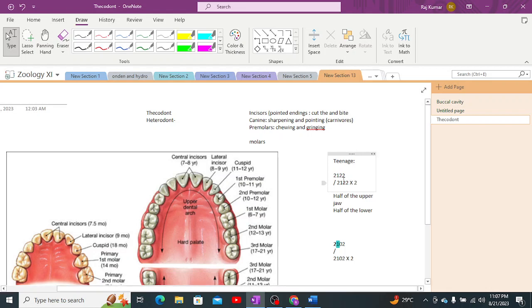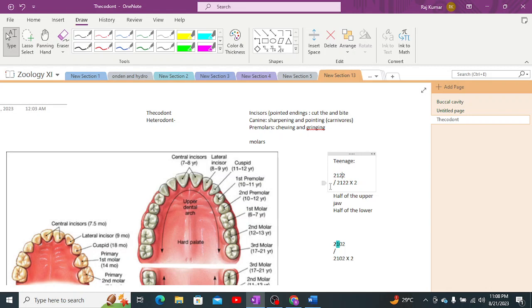with the same formula here. What actually happened is that premolars were grown in the teenage permanent teeth set. So here, accordingly, 2 plus 2 is 4, which means we have 8 incisors, 4 canines, 8 molars, and in the teenage years we have additional teeth, which are the premolars.